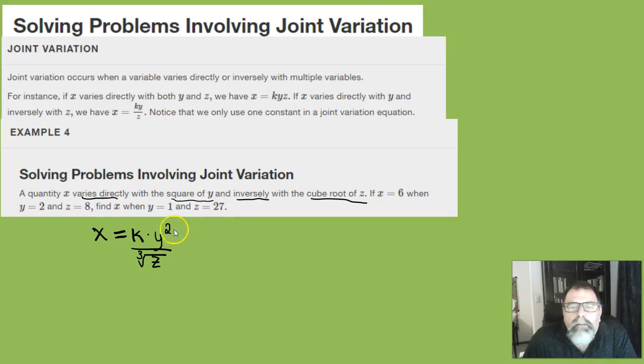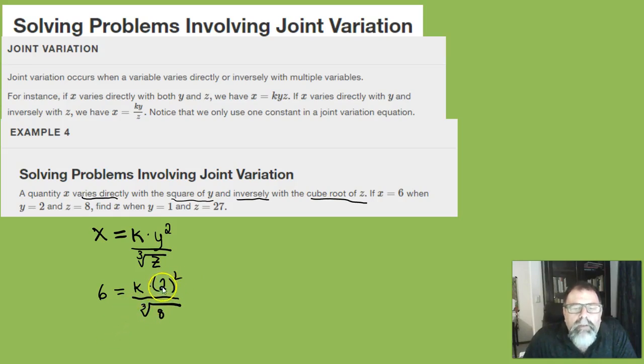And then again, for the first part, we have to figure out what k is. So we need an observed value for all the variables. We need x, y, and z that go together, which they give us. x is 6, y is 2, and z is 8.